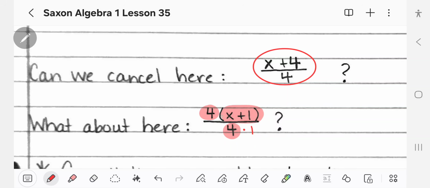So in the top we have 4 times something, and in the bottom we have 4 times something. So we could divide the top and the bottom by 4. There's canceling. Why can we do it here, but we can't do it up here? Because up here, this is not a multiplication. You can only cancel, because remember, canceling is division, when there is a multiplication, okay?